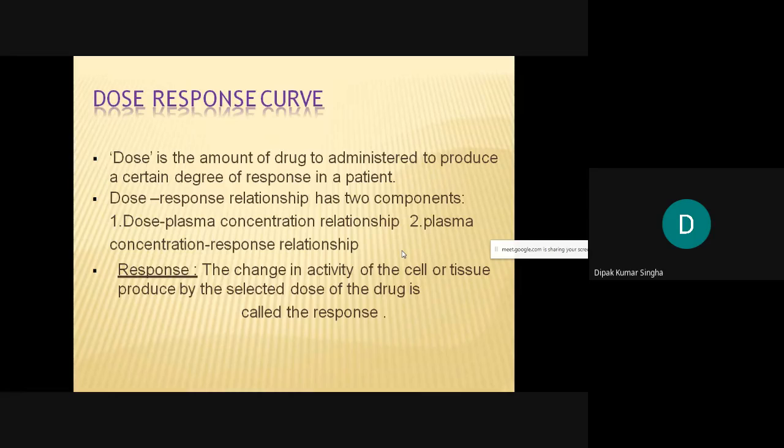What is called response? Response is the change in the activity of the cell or tissue produced by the selected dose of the drug. That means after administration of the dose, there are some physiological changes or some biochemical parameters change, and that is called the response.